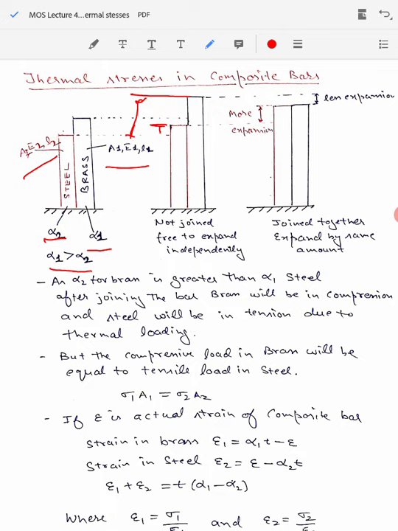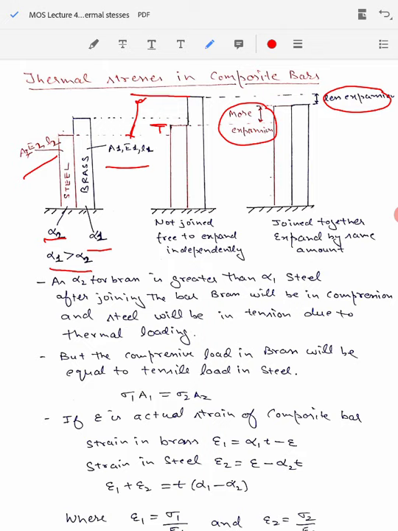So when the temperature is increased, the brass bar will try to increase in length, and the steel bar will also try to increase, but as they have unequal expansion rates, the steel bar will be pulled and it will provide more expansion than it would have provided if it was alone. Similarly, the brass bar was also expanding, but here it is contracted and providing less expansion because the steel bar is trying to pull it down.